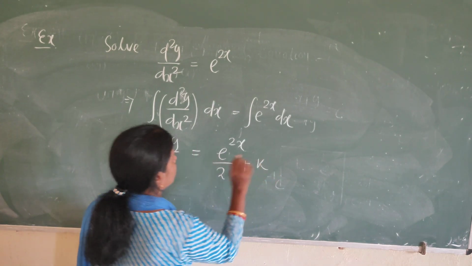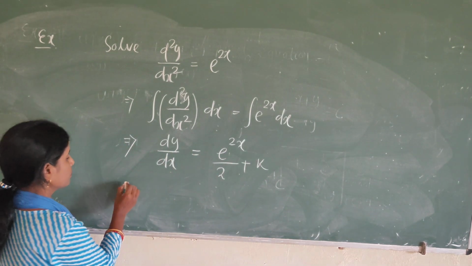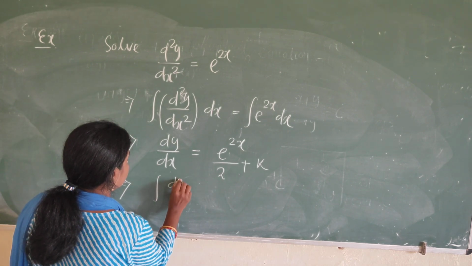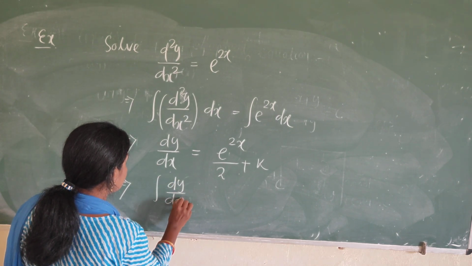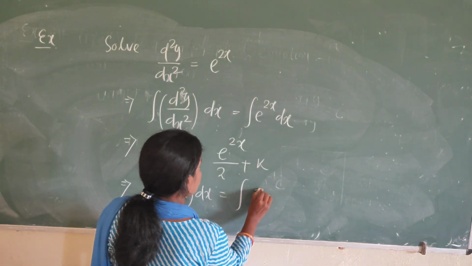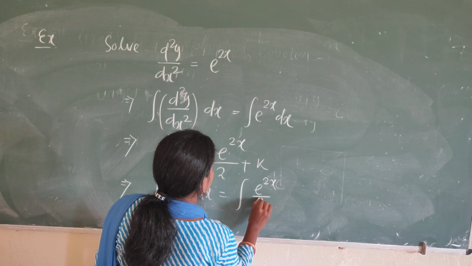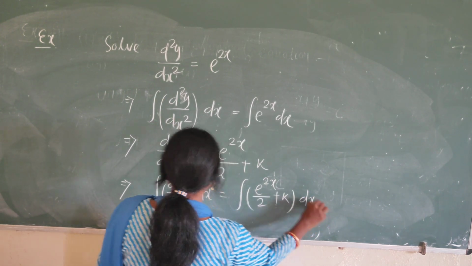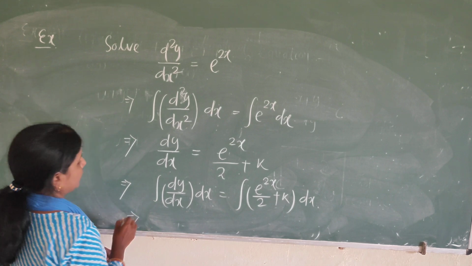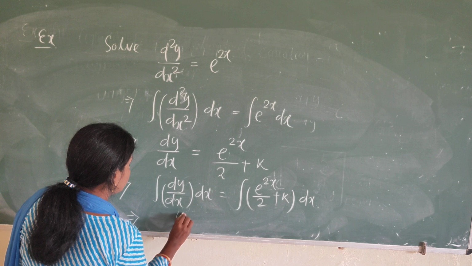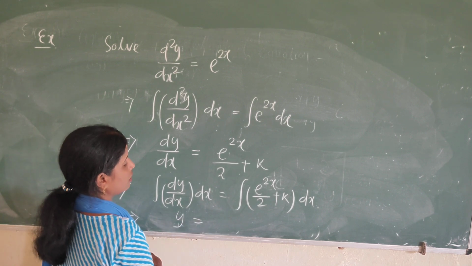Plus integrating constant. Now again we have to integrate on both the sides with respect to dx. Integration of dy by dx with respect to dx is y.